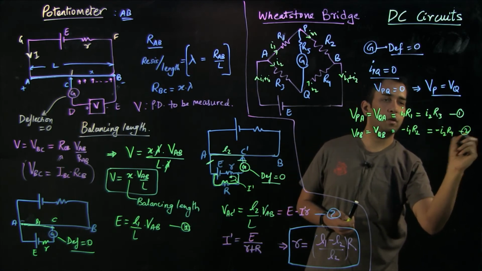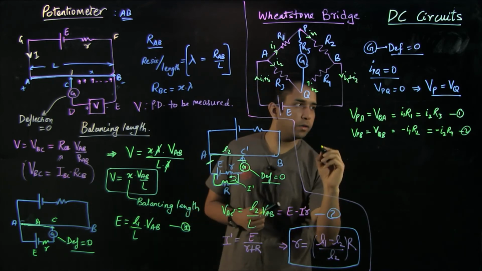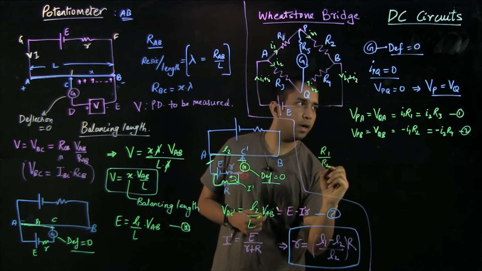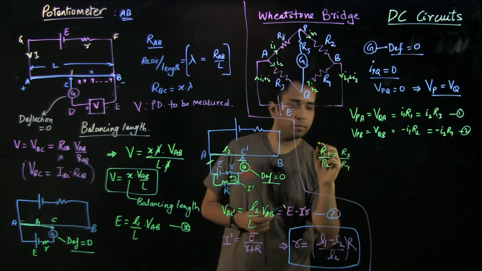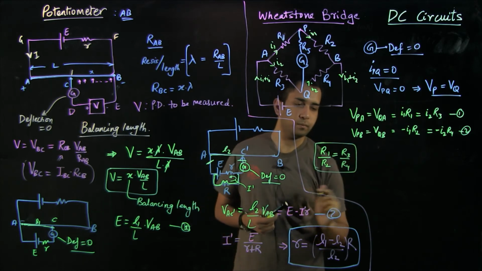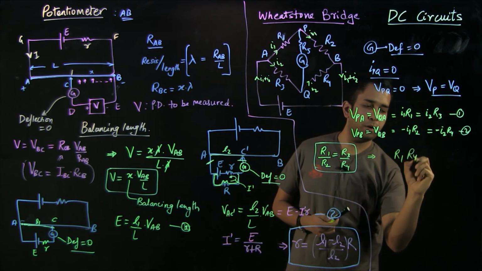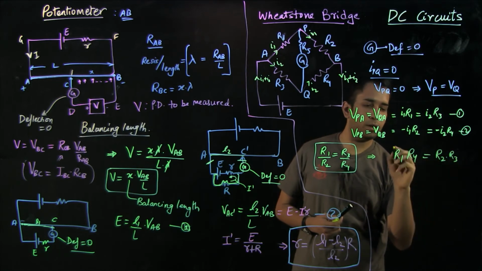This is equation 2. Now just divide equation 1 by equation 2 and you would find out that R1 by R2 equals R3 by R4, and it can be rewritten as R1 into R4 equals R2 into R3.